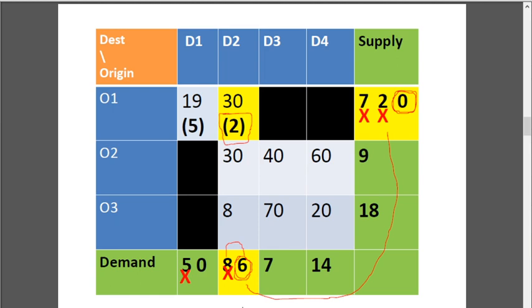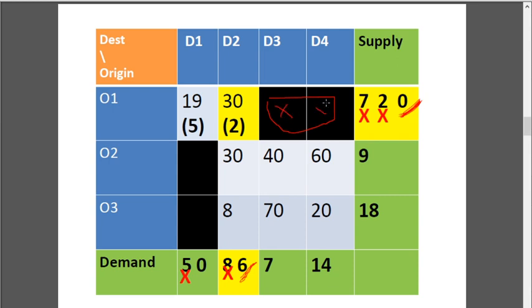Now observe this: the demand still required at destination 2 is 6, and at origin 1 the supply has become 0, meaning the supply has been exhausted. Therefore, delete or cut the remaining cells.